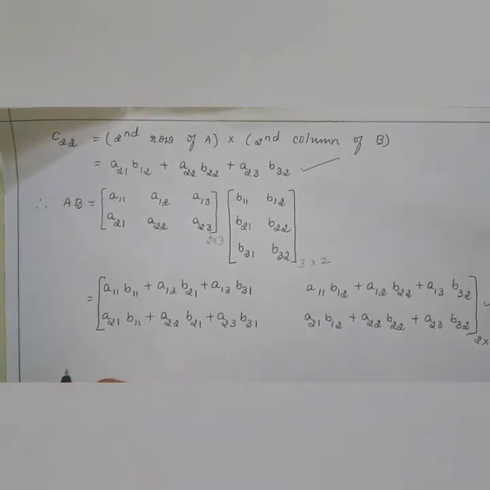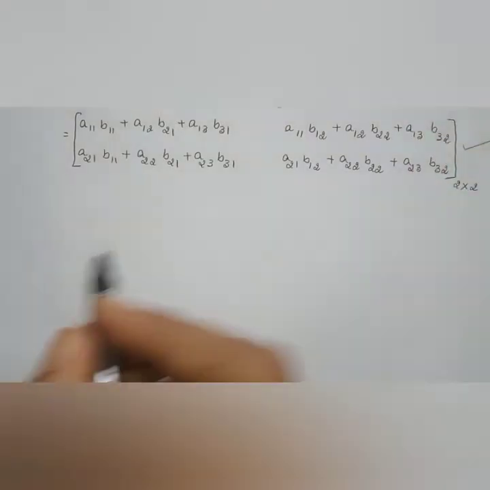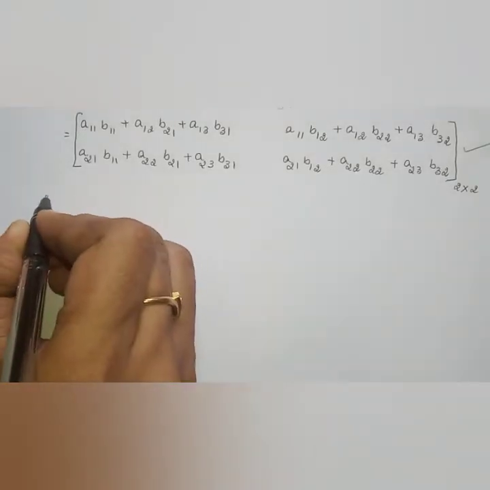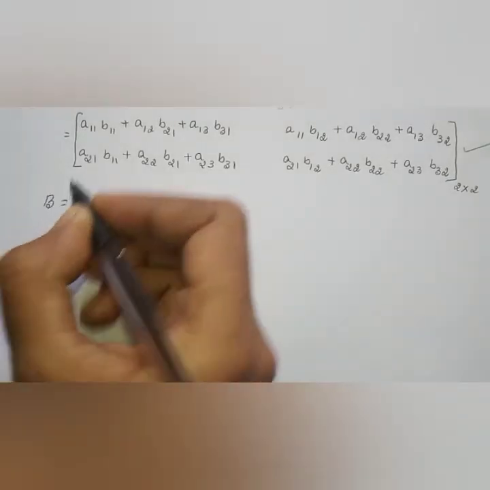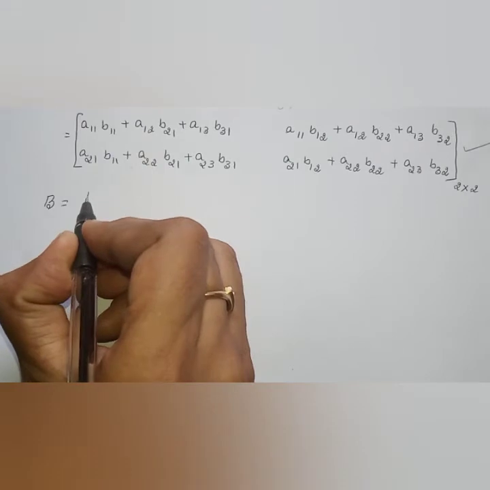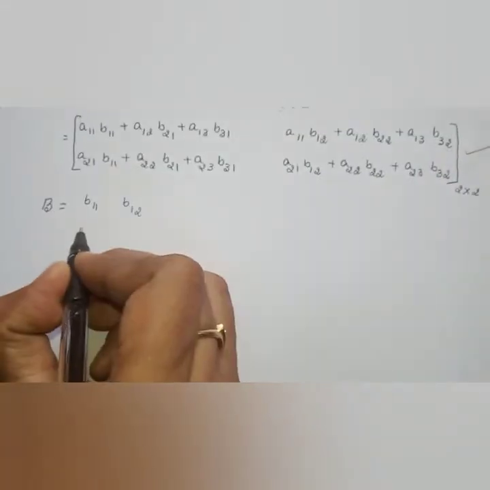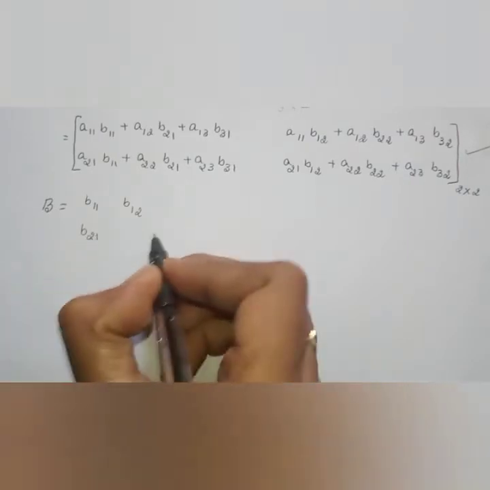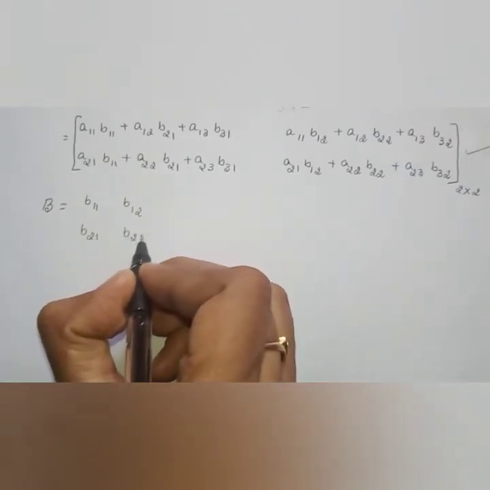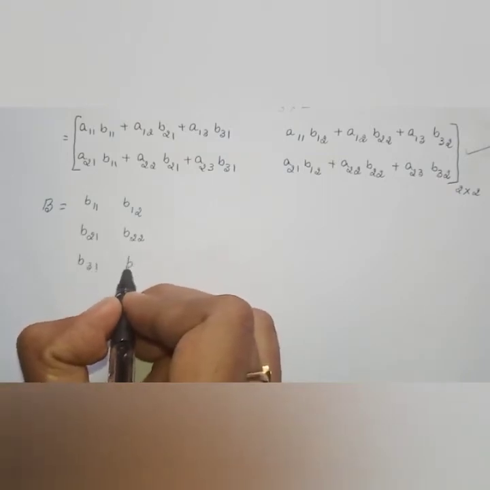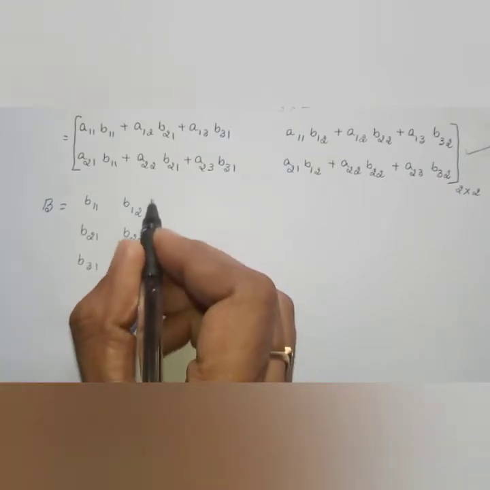Now check BA. Does the matrix BA exist? If it exists, what are the elements of the matrix BA? This is B. Matrix B is B11, B12, B21, B22, B31, B32.